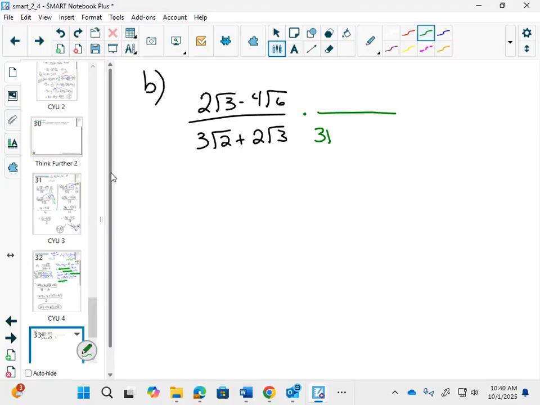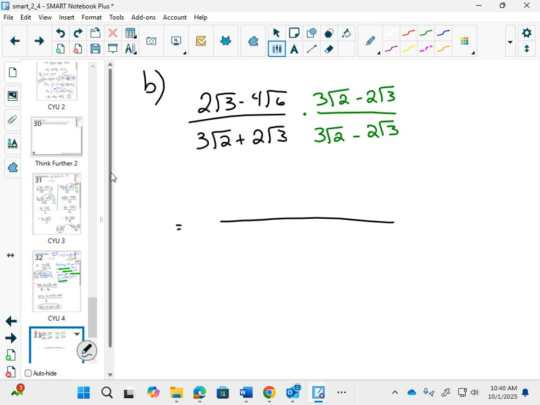What does the conjugate mean? Exactly the same thing, but a different sign in the middle. You have to make that difference of squares. That means our bottom is going to be 9 times 2, 18, and 4 times 3, minus 12. We got rid of our square roots on the bottom completely.